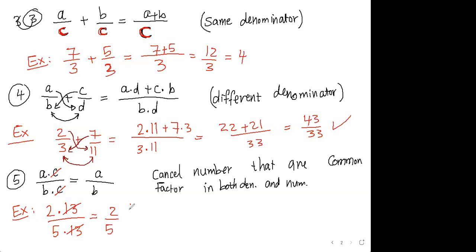Another example. Suppose I have 7 times 20 over 20 times 20. So we cancel the common factor, the 20 with the 20. It gives me 7 over 20.